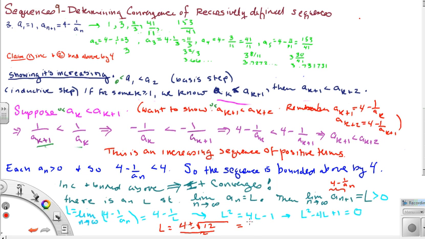So that's 4 plus or minus 2 the square root of 3 over 2, which is 2 plus or minus the square root of 3.